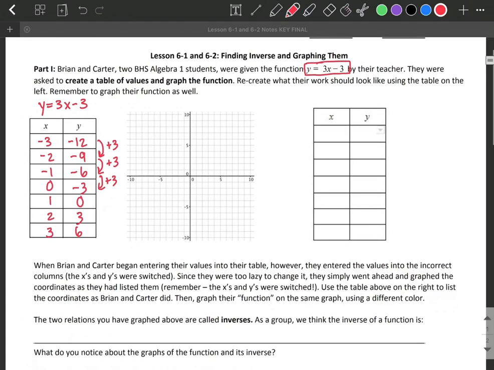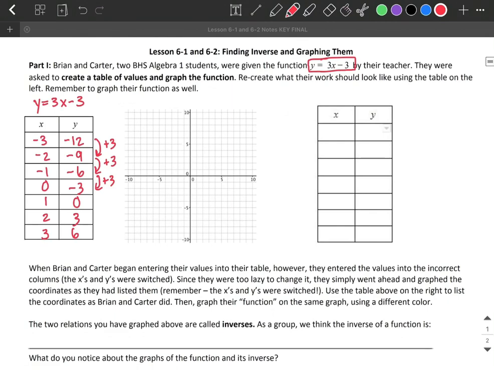But when Brian and Carter began entering their values into the table, they entered the values incorrectly. So they switched up their x's and their y's. Since they were too lazy to change it, they simply went ahead and graphed the coordinates as they had listed them. So we're going to use the right table to fill in what they actually wrote on their paper.